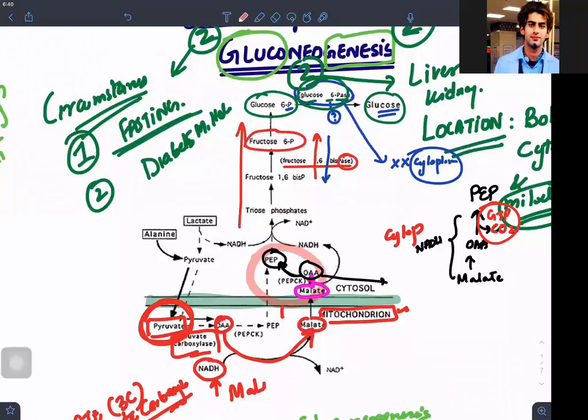Then I was using ATP molecules, and I was doing a decarboxylation reaction by PEP-CK. I was using PEP-CK for the decarboxylation reaction once I'm in the cytosol.